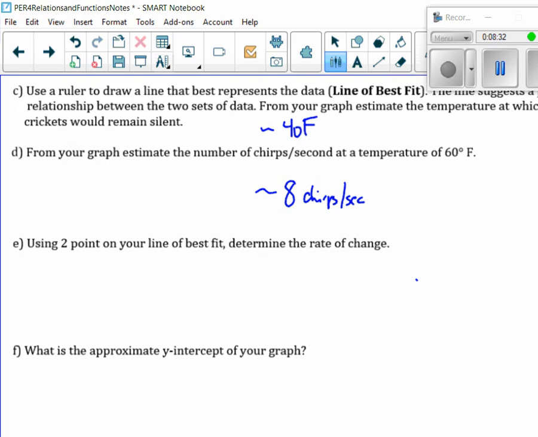So go across to 60 and see where it hits going down. You got 8 as well. Okay, using 2 points on your line that best fits, you're supposed to find the rate of change. Remember, rate of change from yesterday, we learned that the rate of change is the delta y over delta x, yes?